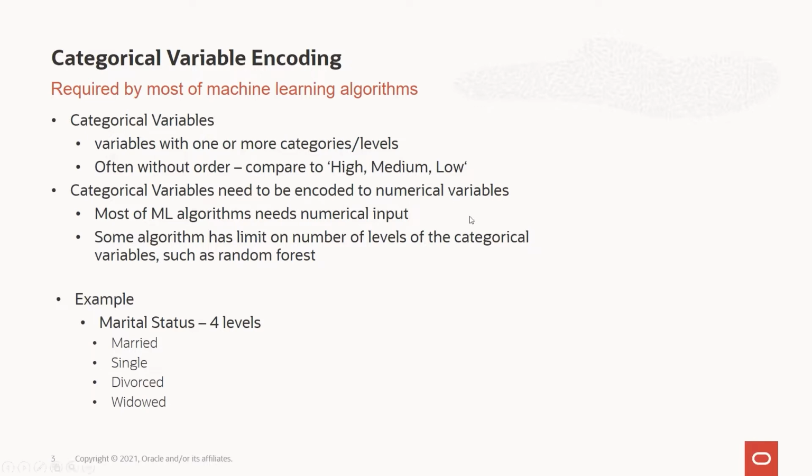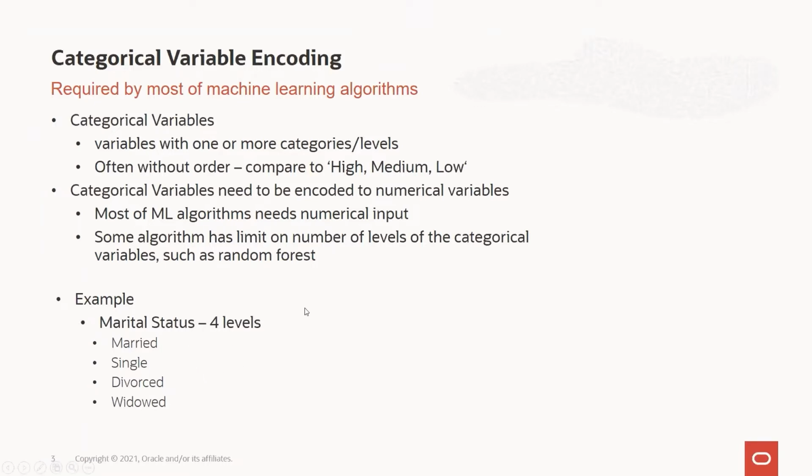For example, some categorical values like high, medium, low naturally have orders, so you don't need to worry about them too much. You can translate them into numerical values very easily. For example, take marital status. We have four levels: married, single, divorced, widowed. There's no way to impose order on it.